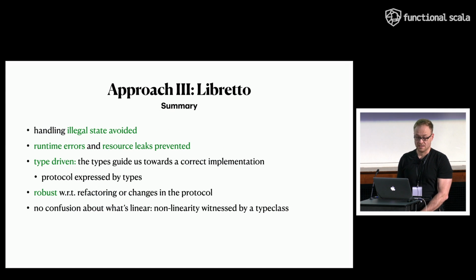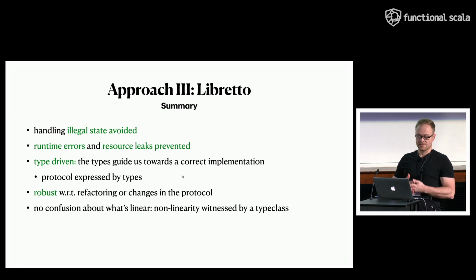All right, we saw that with Libretto we checked all the boxes. No illegal state handling, resource leaks avoided, runtime errors avoided, and since the protocol is now expressed in types, we enjoy the nice property that the types guide us towards the correct usage of the interface.